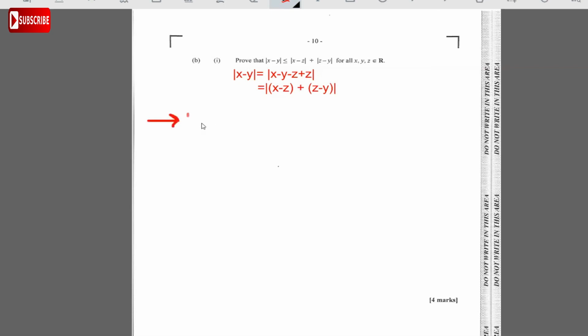It implies that the modulus of x minus y is equal to this square plus this square, square rooted. That's what modulus means, length: the square root of x minus z squared plus z minus y squared.